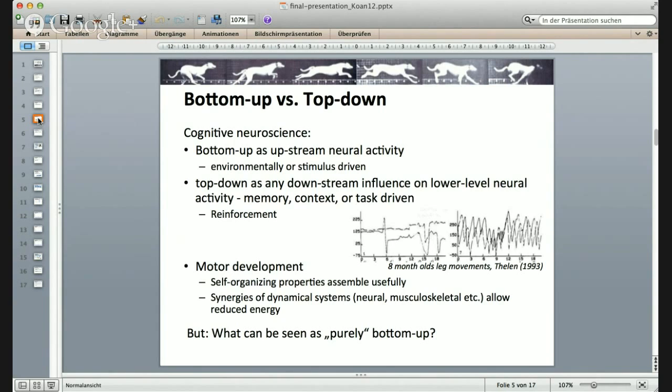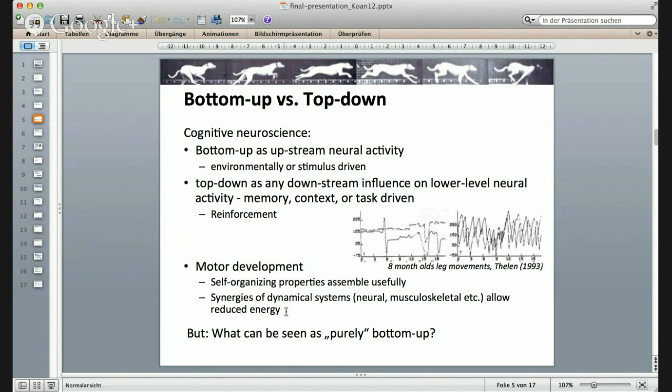I cannot go into this because time is too short. So they assemble usefully, those movements, those reflexes, related always to a context. I think that was important for her too. And those synergies of the dynamical systems that develop allow reduced energy. So that's why it's called they assemble usefully.